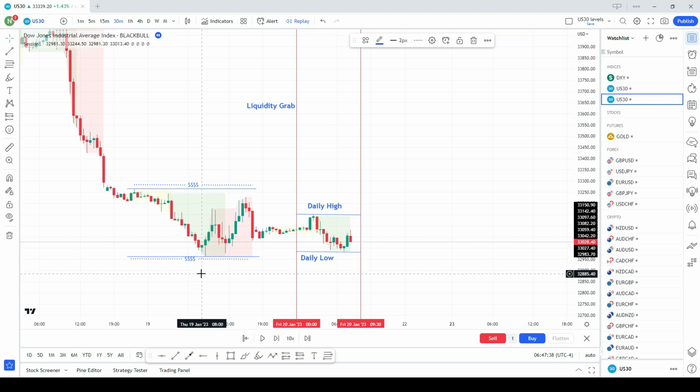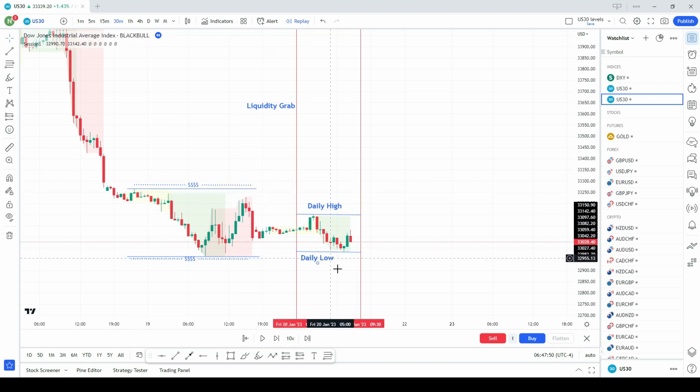So there lies liquidity, because the people who took a buy here have their stop losses lying in this zone. Others took a sell, and their stop losses are lying in this zone. So we're watching to see which liquidity is going to be taken.